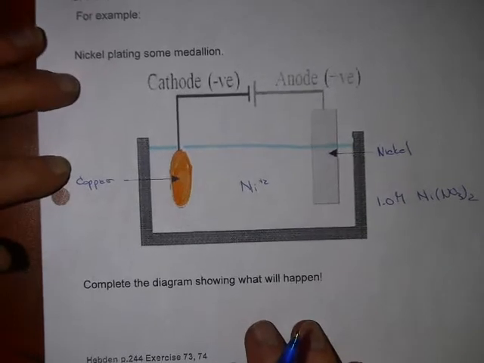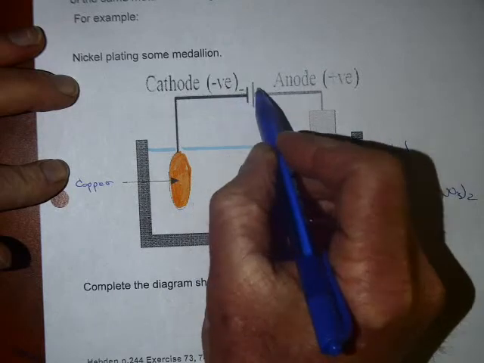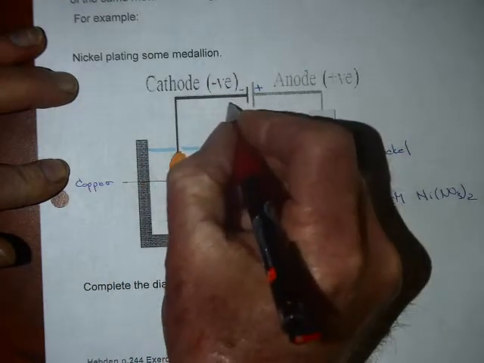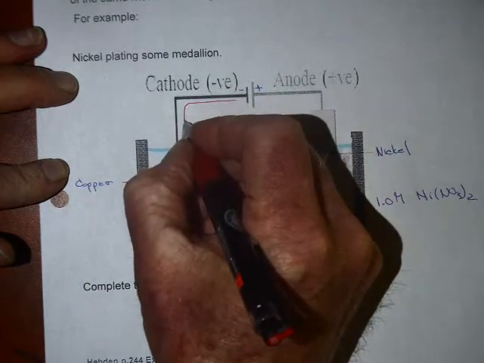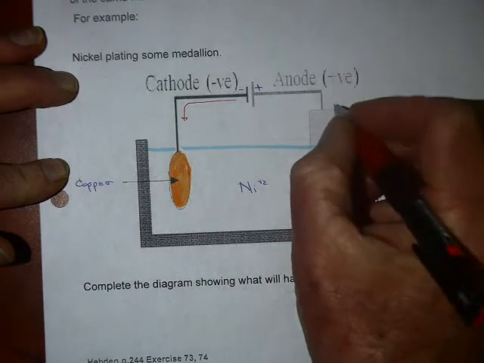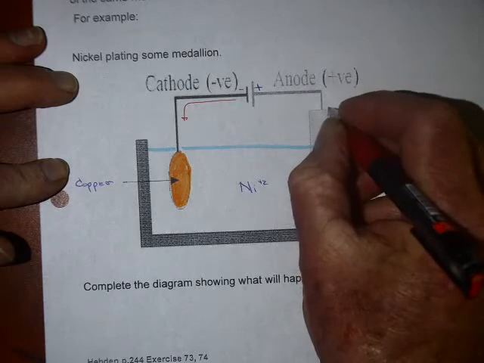So again, we look at this setup and you see that this is the negative part, this is the positive. So that means we're going to be supplying electrons down this way. And that also means that electrons are going to be formed from here.